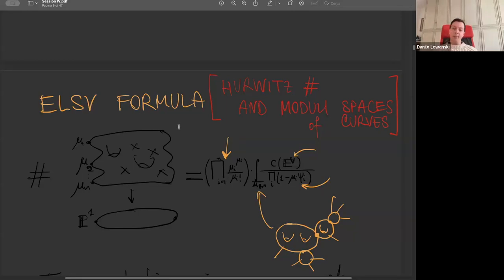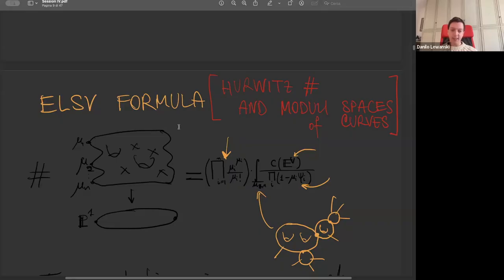And by now we have many other proofs of this formula. One of the proofs is by topological recursion, which is very nice. And also you can use the Teleman-Givental classification of cohomological field theories, which is also per se a very, very interesting result.